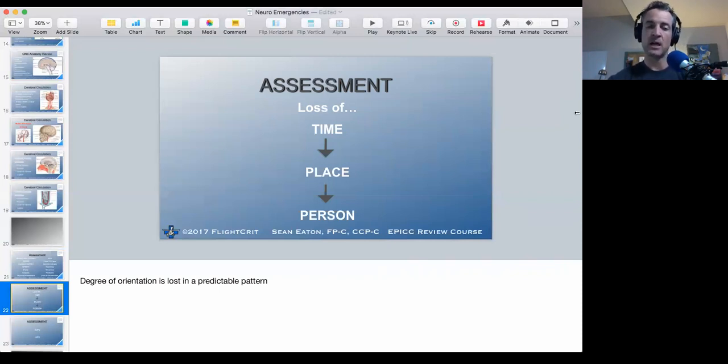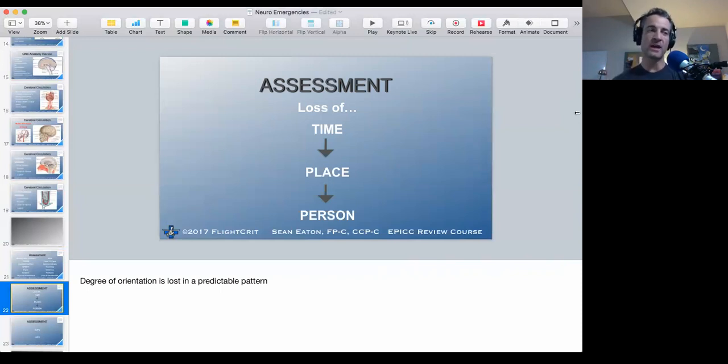I don't know if it's just coincidental or if it actually has any kind of significance, but we know that a patient who is suffering a neurologic emergency will have a loss of orientation in a very predictable pattern. First they will experience a loss of awareness of time, followed by place, followed by person.